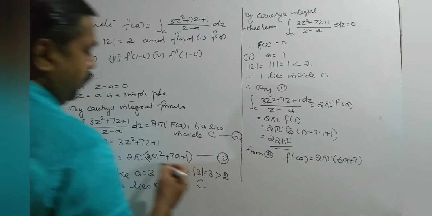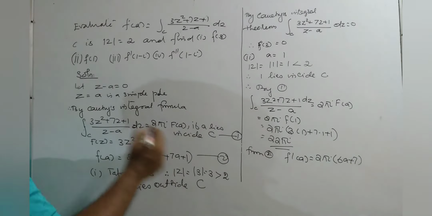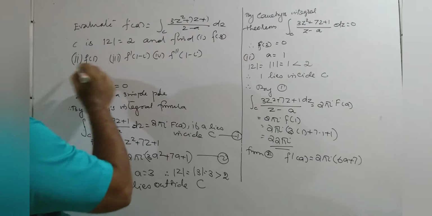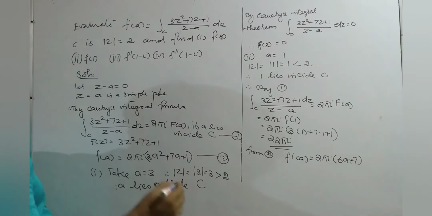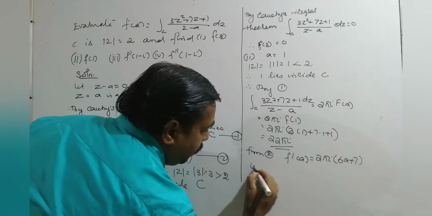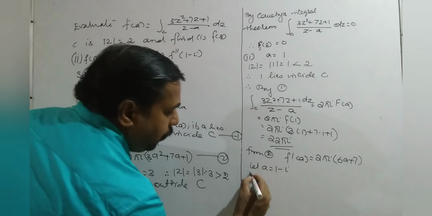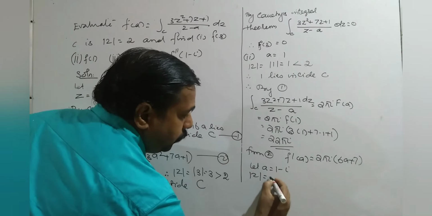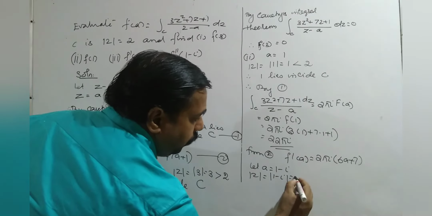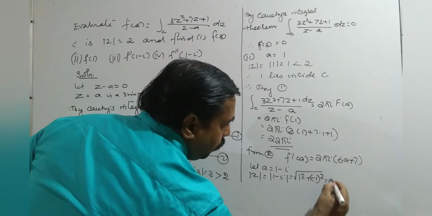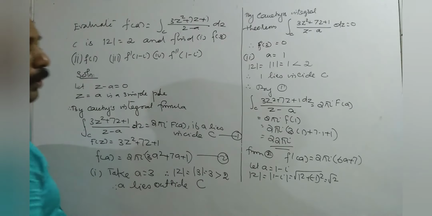Now this also exists only when a lies inside. So what do we have to find? We have to find f dash of 1 minus I. So let a equal to 1 minus I. Therefore mod z is equal to mod 1 minus I equal to root of 1 square plus (minus 1) whole square, equal to root 2. What is root 2 value?